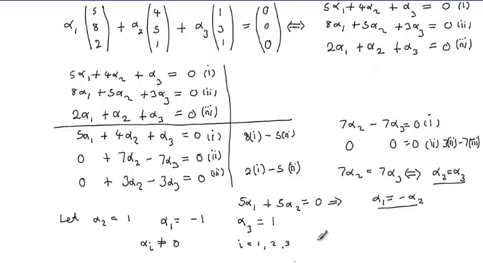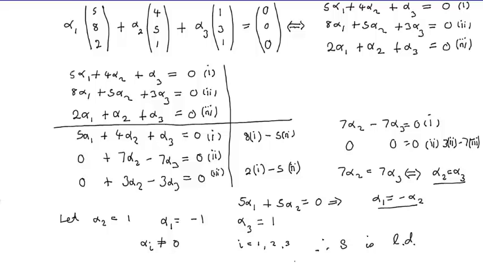So we write here that therefore S is linear dependent. Actually, what we can do is, at the same time, check which of the vectors is a linear combination of the other two.